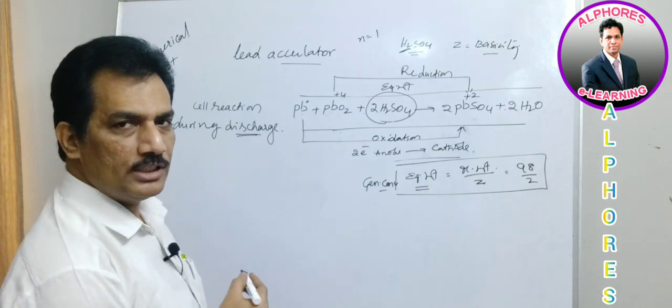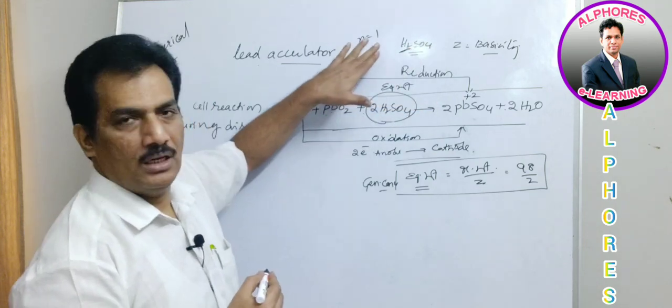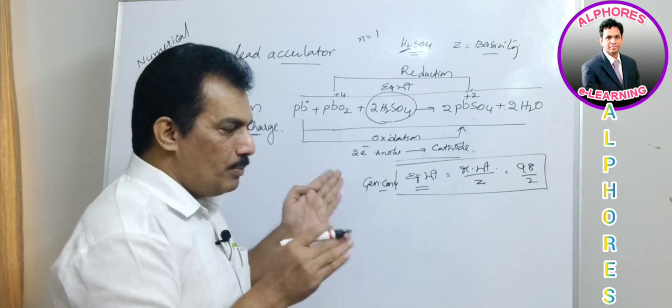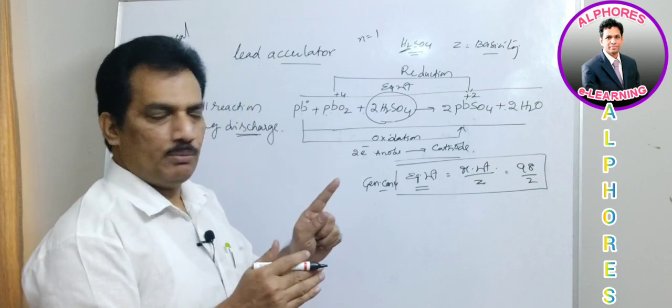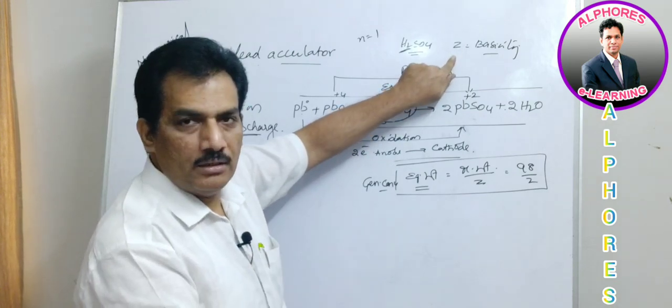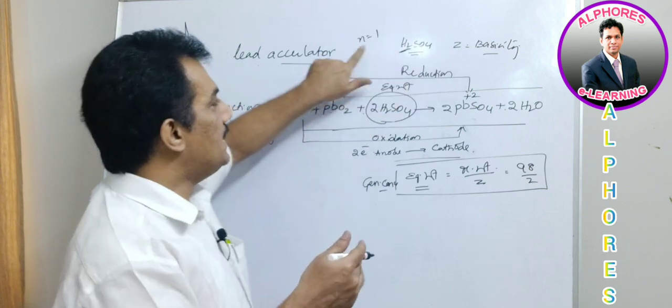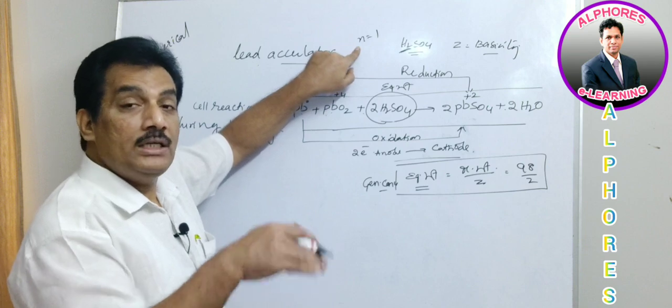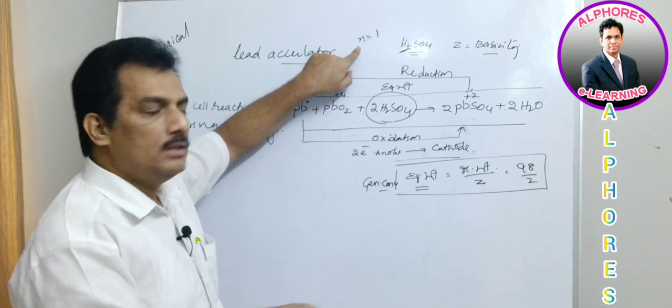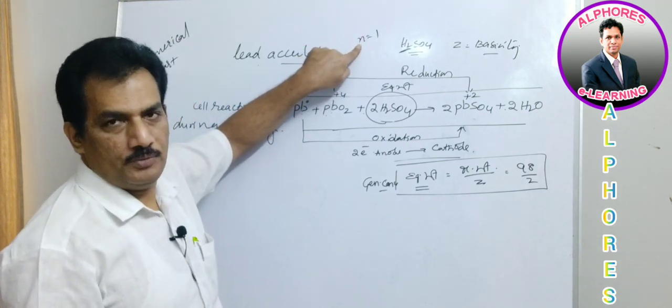I think you know the difference between Z factor and n factor. Let me make you recollect with one statement. Z is imaginary, what will happen imaginarily, that is Z. But n is reality, what actually happened, depending on that we develop the n value.